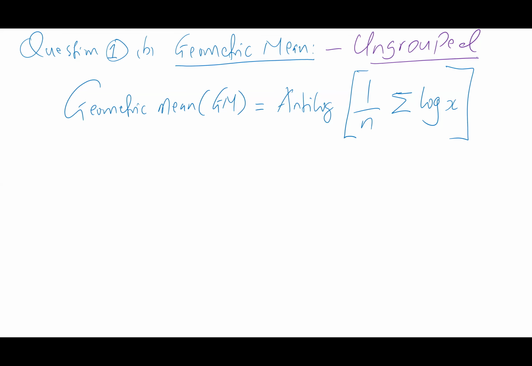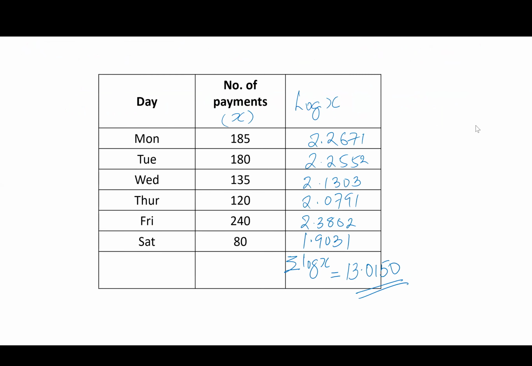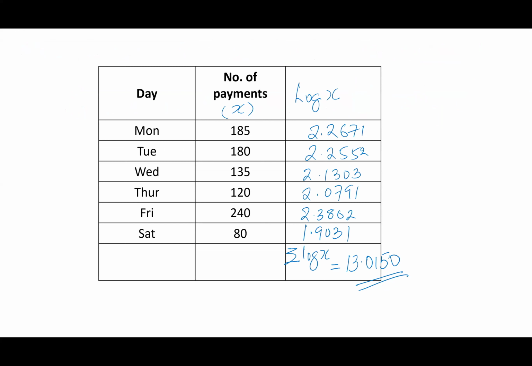So with our formula, we're in position to build this kind of table, and of course, I derive this from our question. We are given Monday, 185, Tuesday, 180, Wednesday, 135, Thursday, 120, Friday, 240, Saturday, we have the 80.